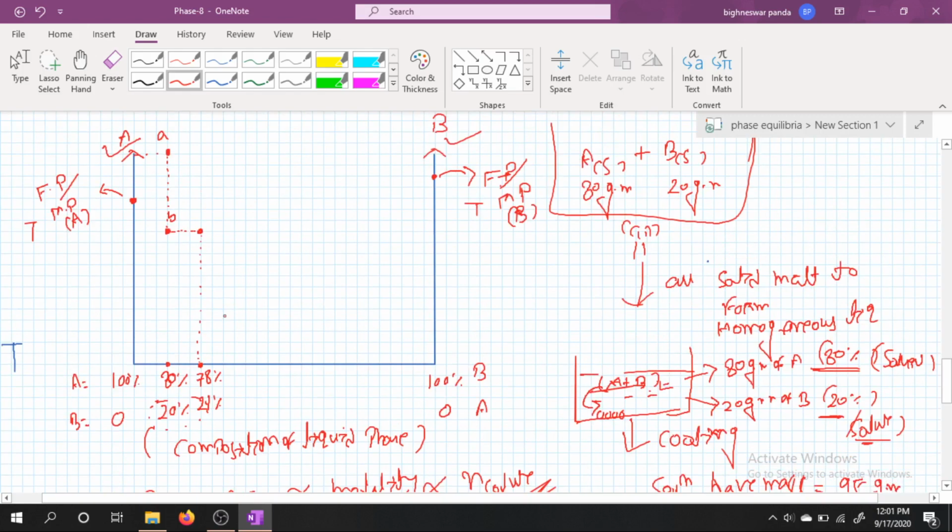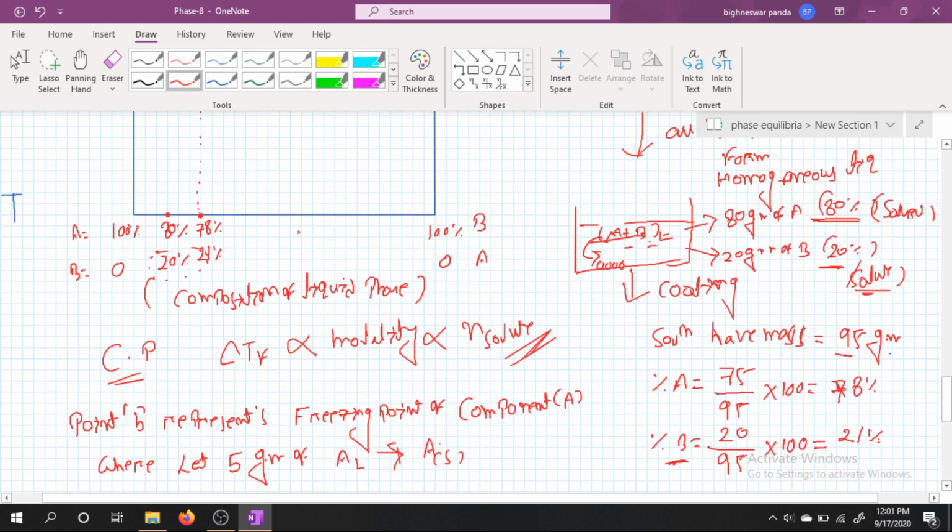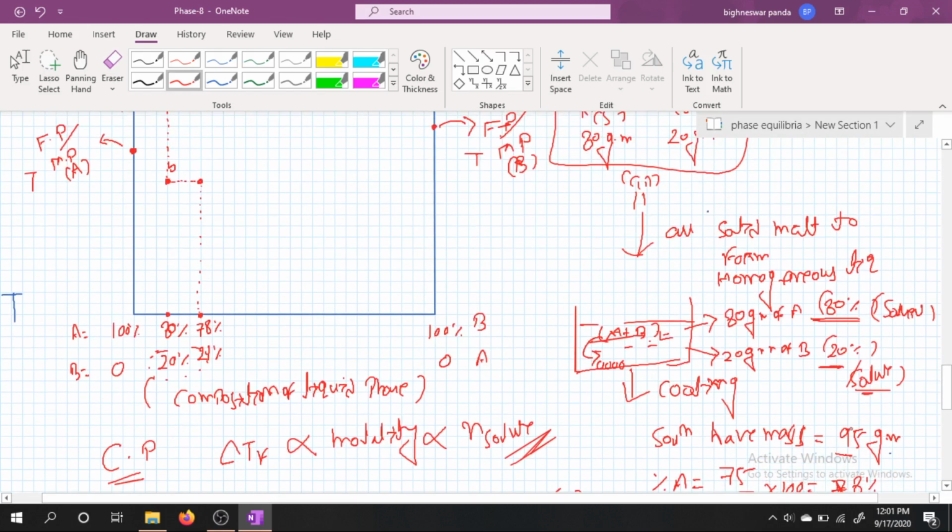Since the composition is changed, when I am again cooling this solution, since the solute percentage is increased, the freezing point also decreases.